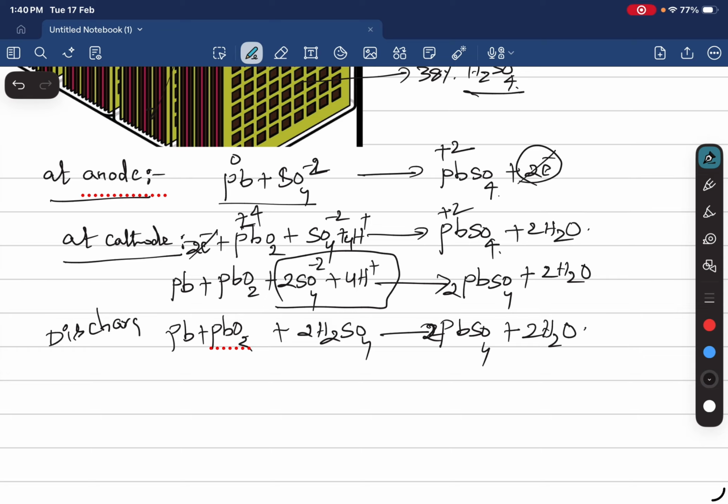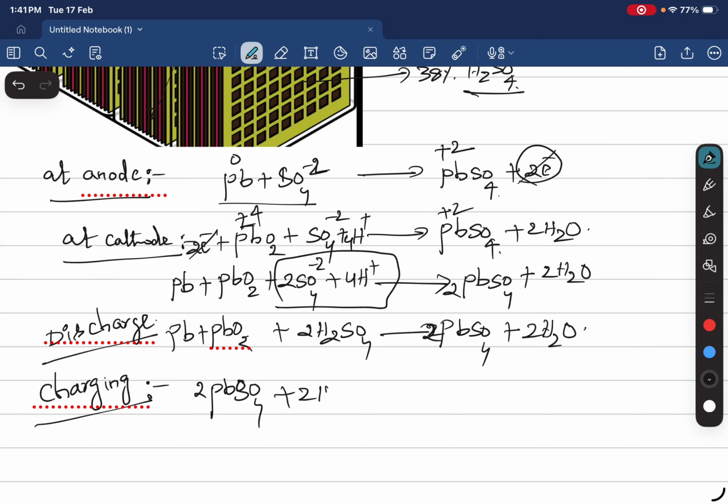The discharge equation means when we remove it from charging, this reaction takes place. But when we put it on charging, the reaction will be reversed, so the redox reaction continues again. It's like a cyclic process. So 2PbSO4, whatever is there, will be reversed, with 2H2O giving rise to Pb plus PbO2 plus 2H2SO4.